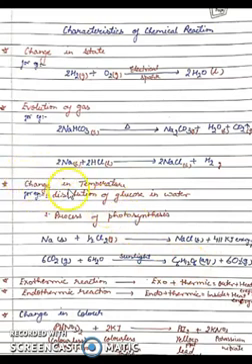Depending on the change in temperature, there are two types of reaction: exothermic reaction and endothermic reaction. Exo means outer, thermic means heat energy; endo means inside, thermic means heat energy. So we can define an exothermic reaction as a type of reaction in which heat is evolved, and a type of reaction in which heat is absorbed is known as an endothermic reaction.